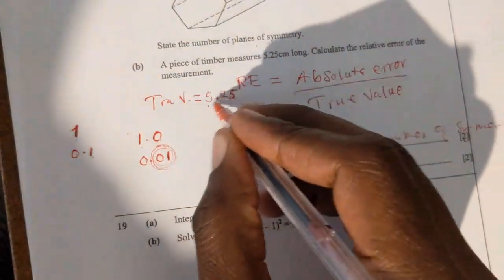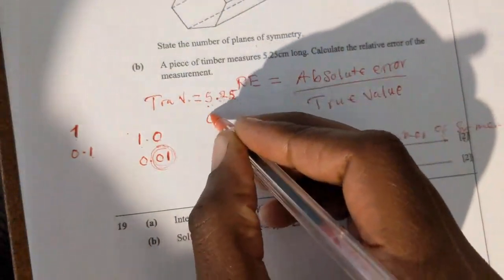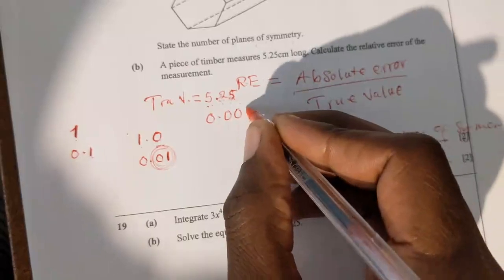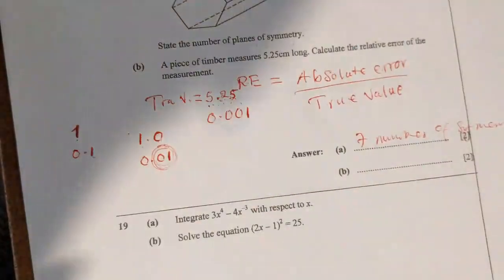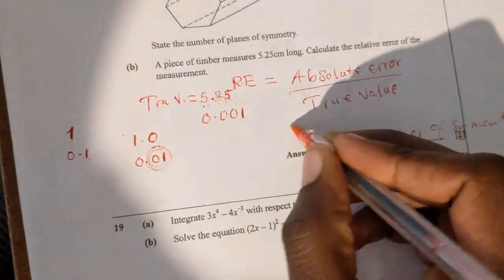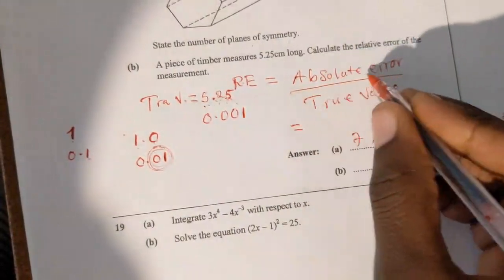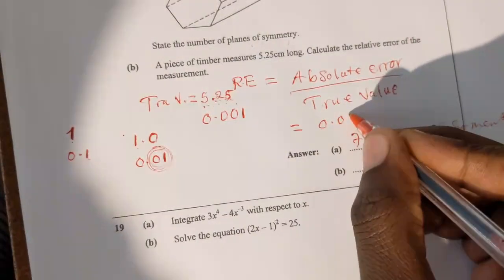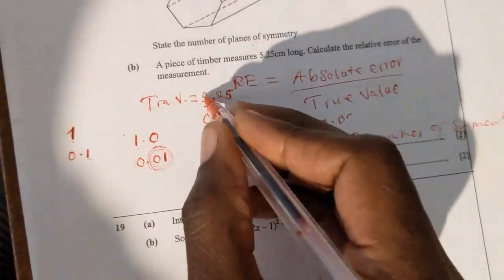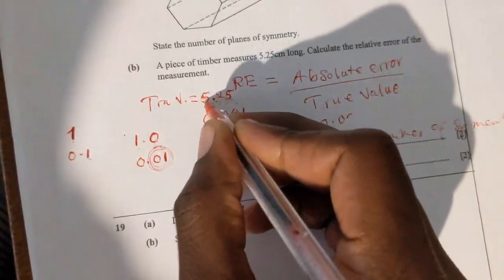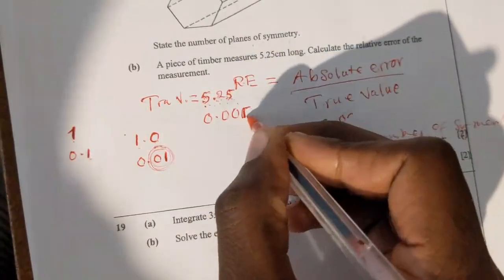So the absolute error of this is going to be 0.00, then 1. This is the absolute error.